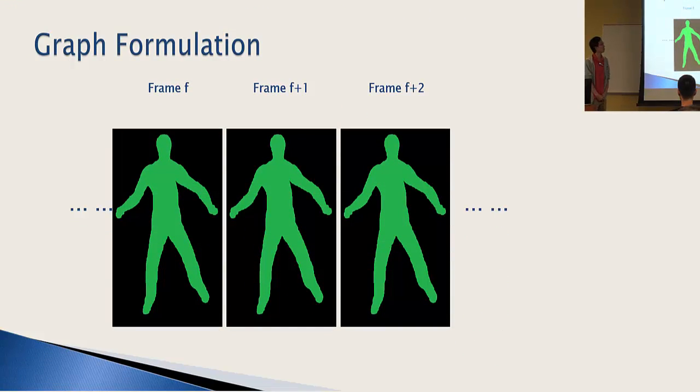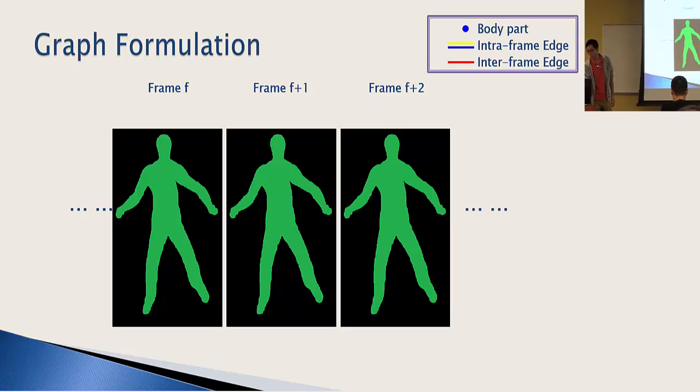Okay, so let me introduce the graph formulation for video-based human pose estimation. These are three frames, and we have different joints. The blue ones are the joints, and you can see the head, the two shoulders, the feet, and so on.